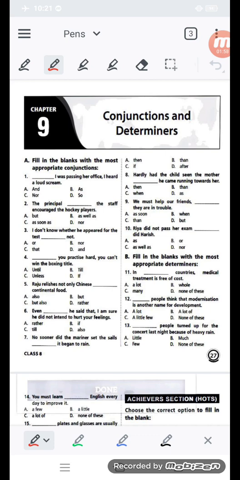And you know there are different types of determiners also. Determiners are parts of grammar, and you get different varieties in determiners, like articles, demonstratives, possessives, quantifiers and numbers. In the determiners you will get articles.